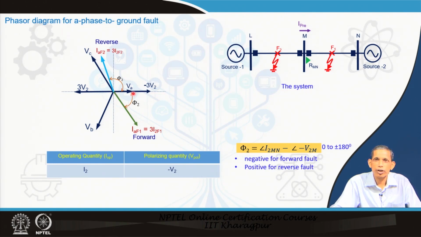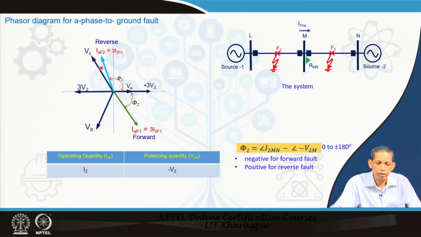Now, we have to compute the negative sequence component. VB is multiplied by alpha square, a 240 degree rotation, and VC by alpha, a 120 degree rotation. So, VC comes to the VB position and VB goes to the VC position, an interchange. These two will be added plus the small value of VA.